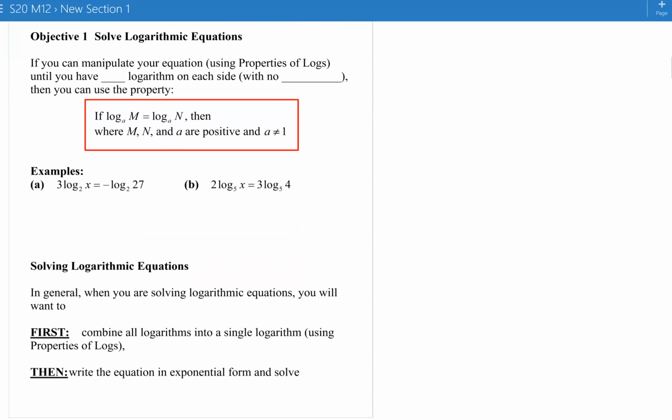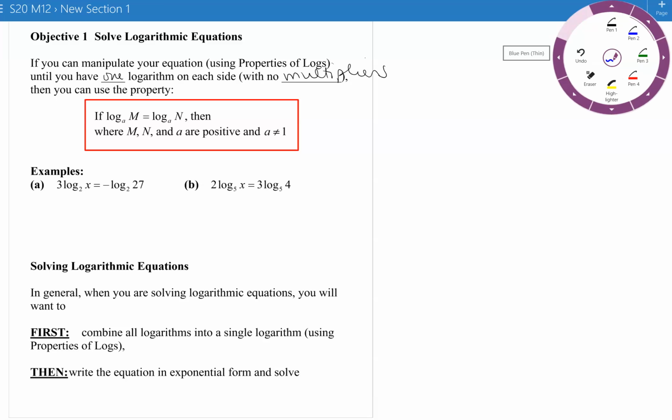So let's solve logarithmic equations. And the first type we're going to solve are pretty basic. If you can manipulate your equation until you have one logarithm on each side with no multipliers, then you can use this property that says if two logarithms are equal, then their arguments have to be equal.